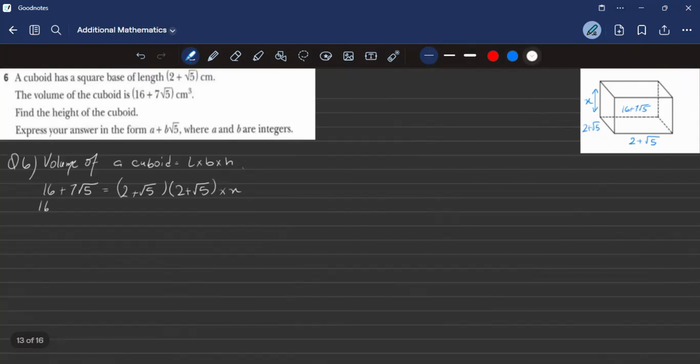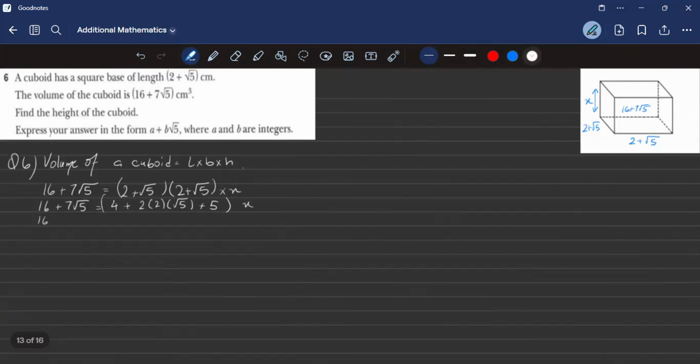Now simplify this. 16 plus 7 under root 5 is equal to a plus b whole squared. So a squared, which is 4, plus 2 multiplied by 2 multiplied by under root 5, plus b squared, which is under root 5 squared, it's equal to 5. This whole is multiplied by x.